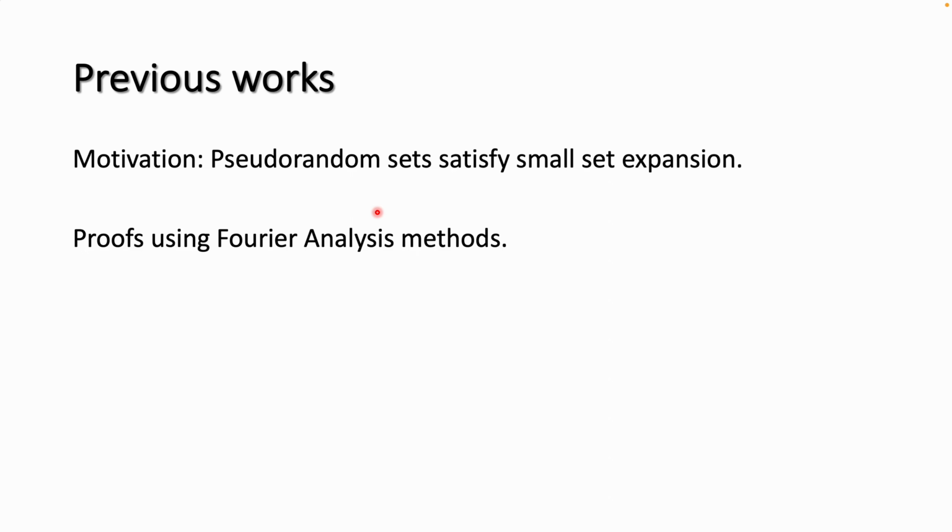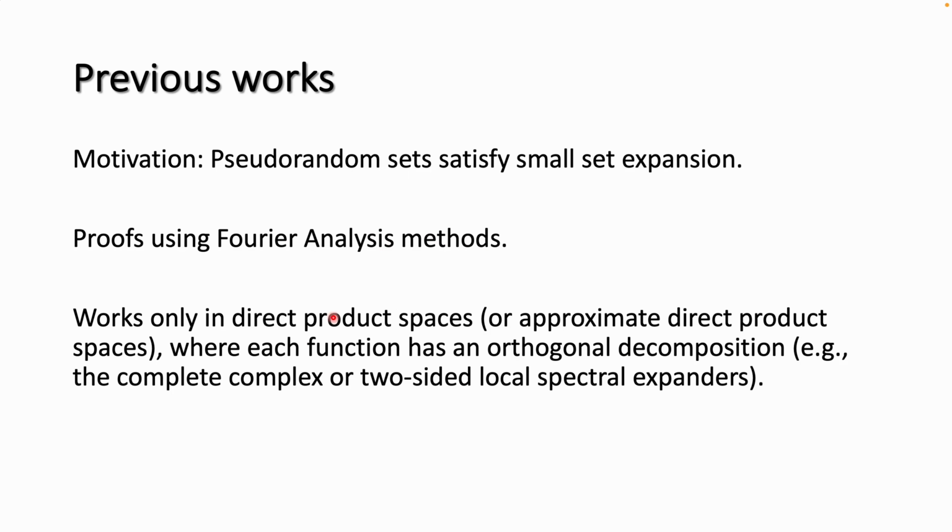The main methods that previous works used are basically Fourier analysis methods. The limitation is that it works only in direct product spaces, or approximate direct product spaces, where basically each function has an orthogonal decomposition. If each function has an orthogonal decomposition, we can apply Fourier analysis methods.